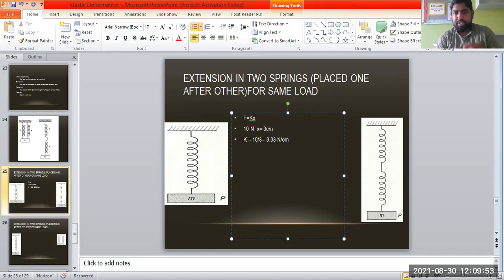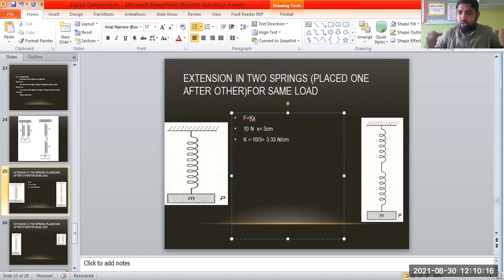Now if we have connected two springs, as I told you, a shorter wire and a longer wire, the longer wire is offering more extension. So it means K will not remain the same. As we discussed earlier, K is the spring constant, force constant, or the stiffness of the spring.